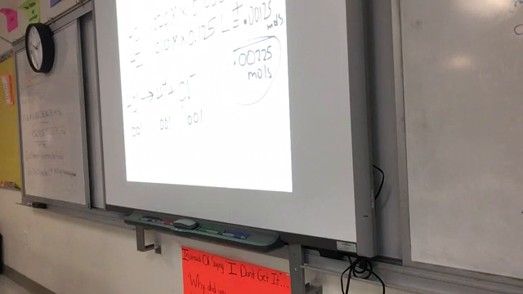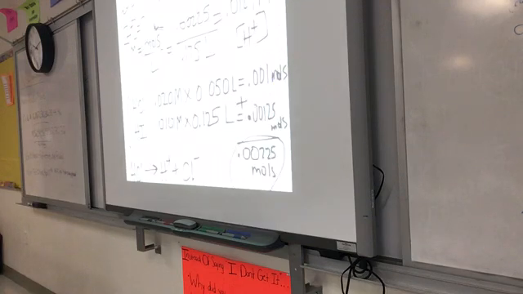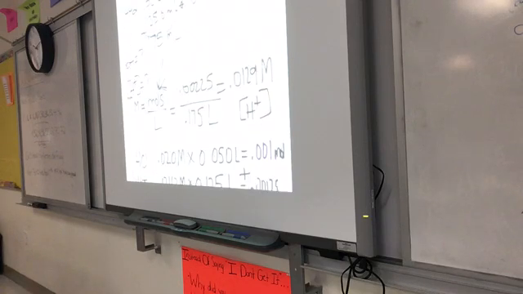That's an important aspect of 46D. Okay? So now that we have our 0.0129 molar as our H plus concentration, what do we need to do? Take the negative log of it. We need to take the negative log of 0.0129 because that will give us our pH.